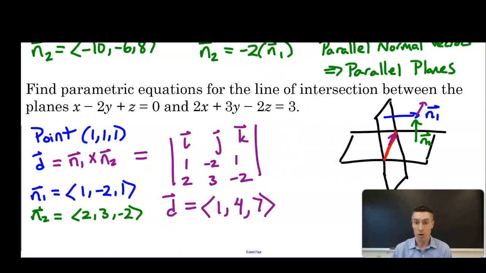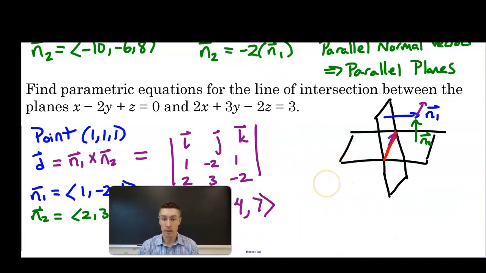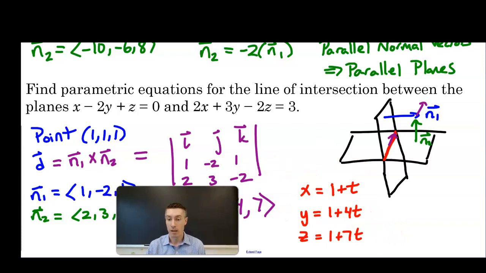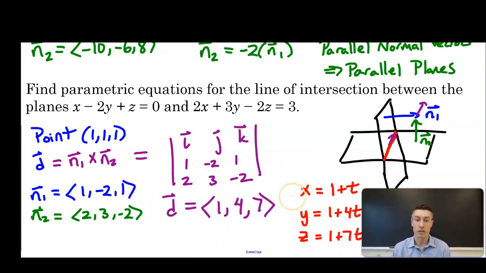So our equations will be x equals 1 plus t, y equals 1 plus 4t, and z equals 1 plus 7t. Right, so there's our set of parametric equations that represent this line of intersection.